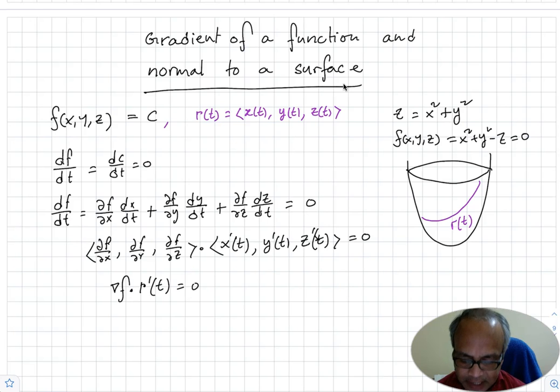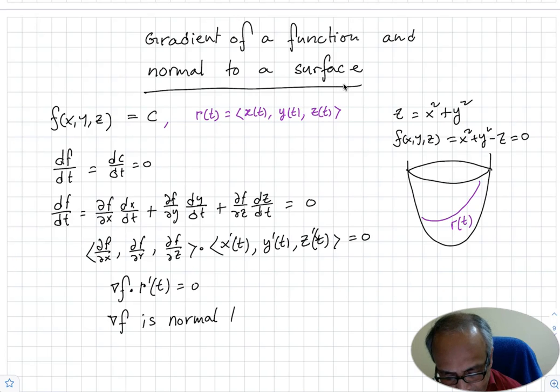Gradient of f dot r prime t equal to 0 means the gradient of f is perpendicular, or normal, to r prime t.